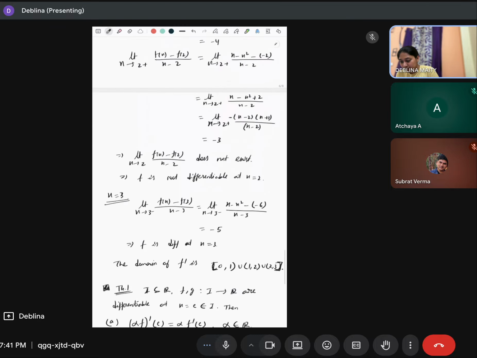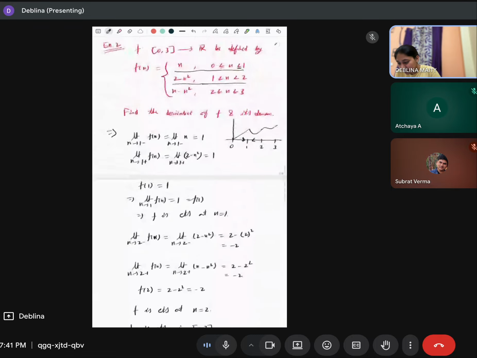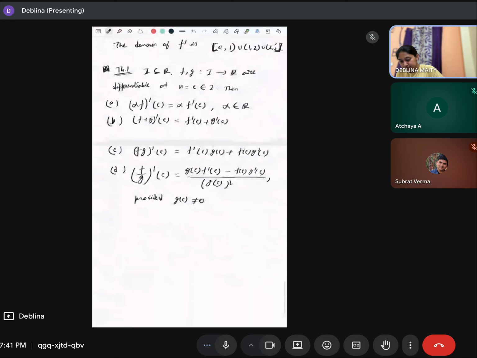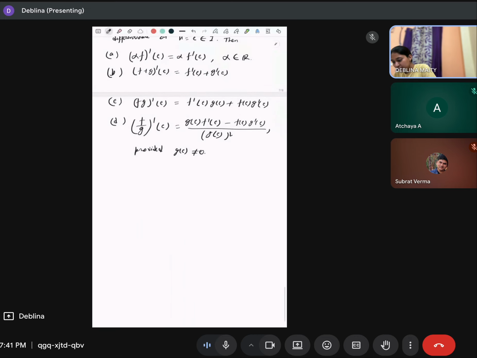Okay, so it was problem number 2. So let's go to the next problem. Take this function: f x equals x sine 1 by x when x is not 0, and 0 when x equals 0.